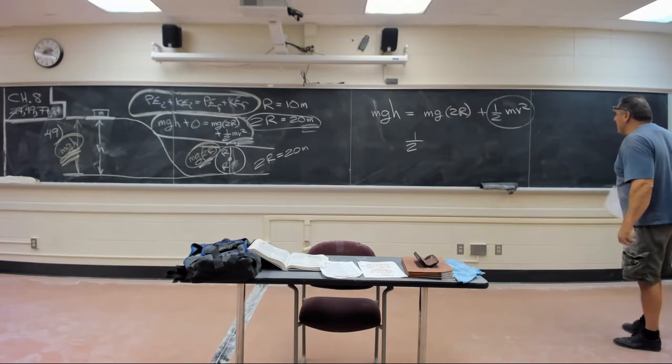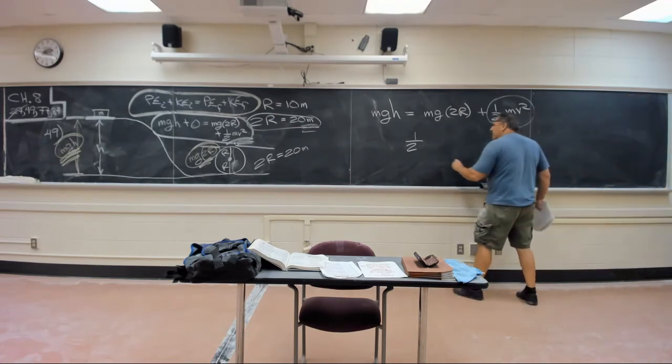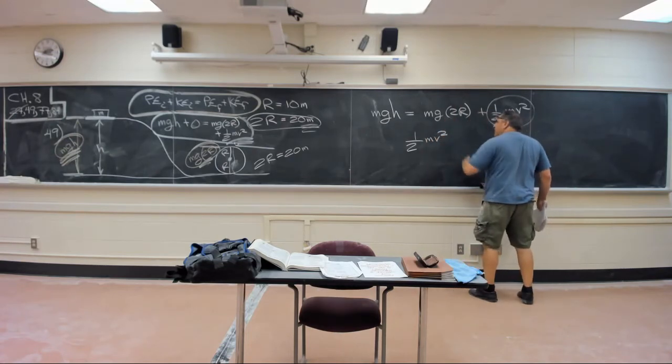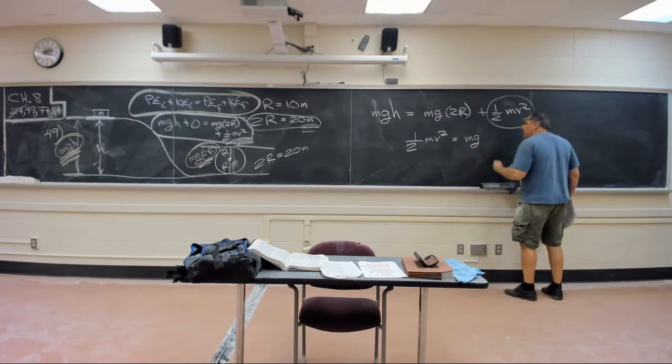What's that going to be? Well, let's go slowly here. 1/2 mv squared. Subtract mg2R on each side. So mgh minus mg2R.